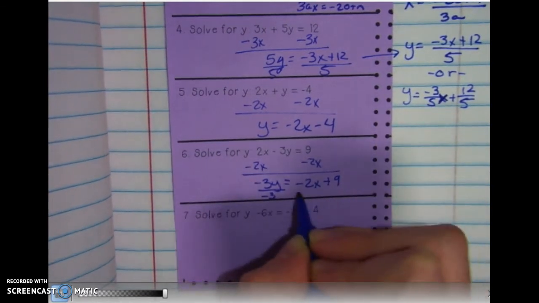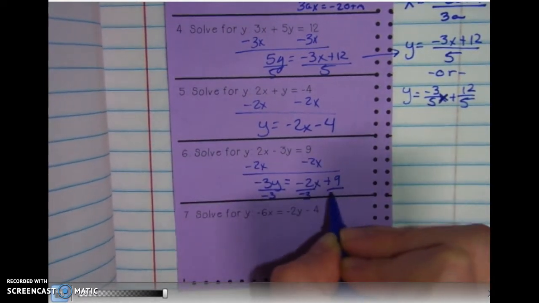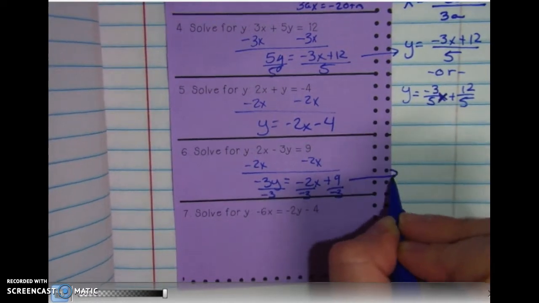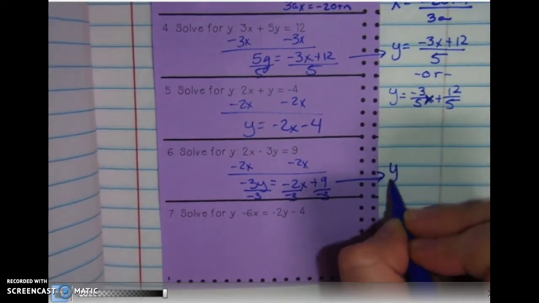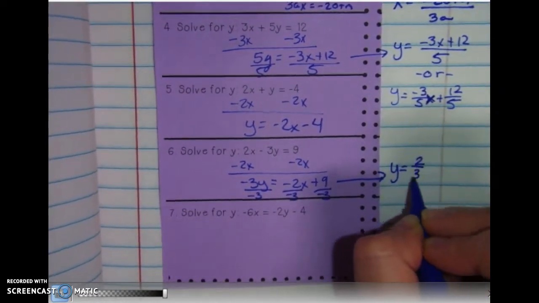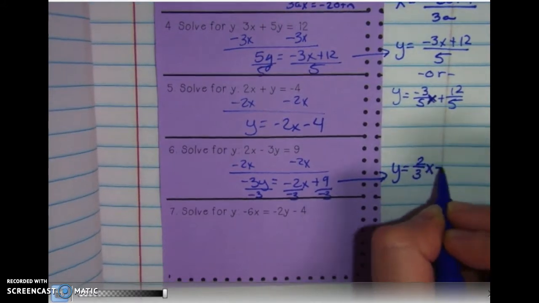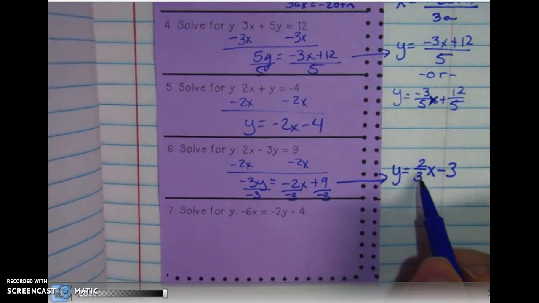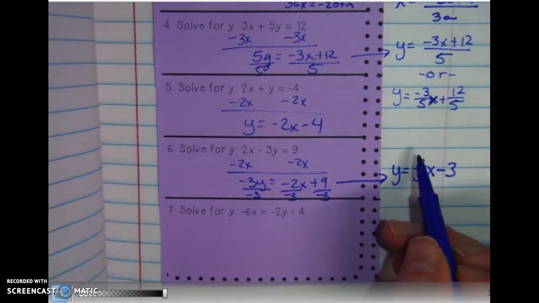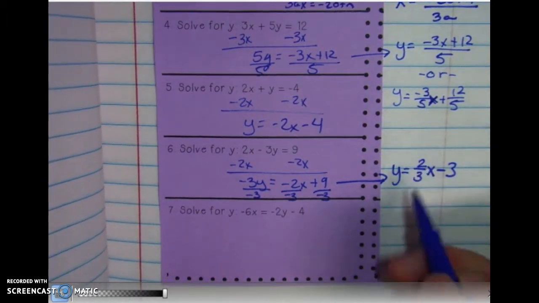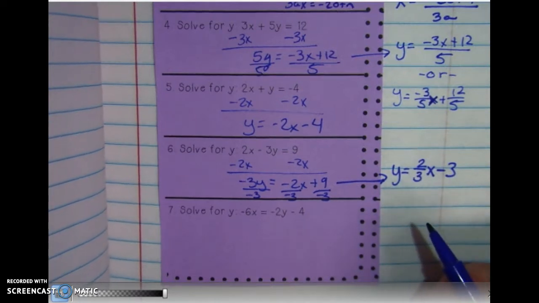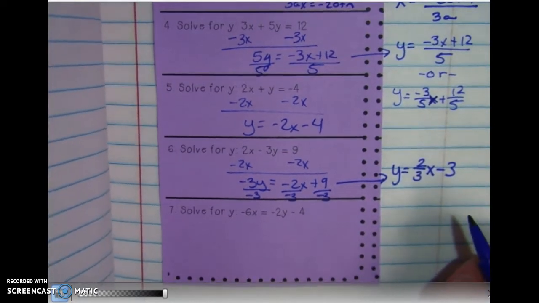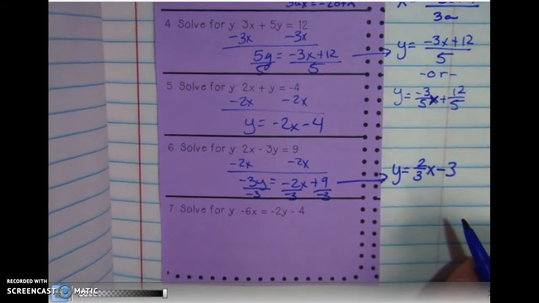Divide everybody by negative 3. So I get y equals 2/3 x minus 3. So the 2/3 is kind of a coefficient. You could put 2x over 3 or 2 over 3x. That would all algebraically come out to be the same problem. So it doesn't really matter.